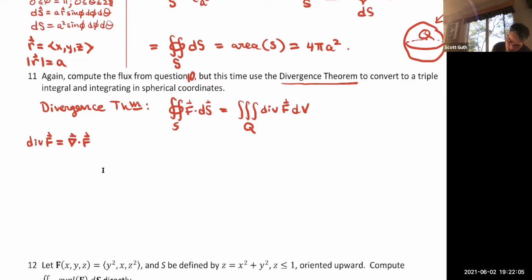Del is the vector of partial derivative operators. Dotted with the field, which is x, y, z over the square root of x squared plus y squared plus z squared.